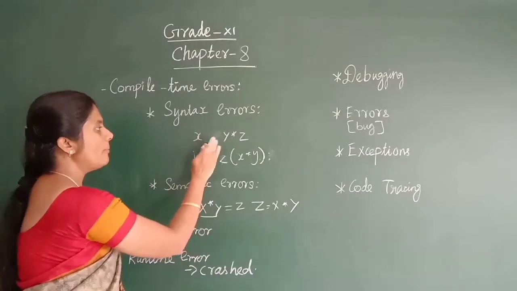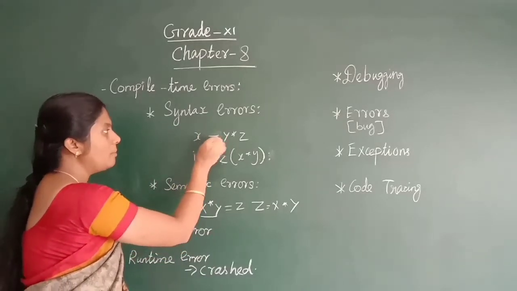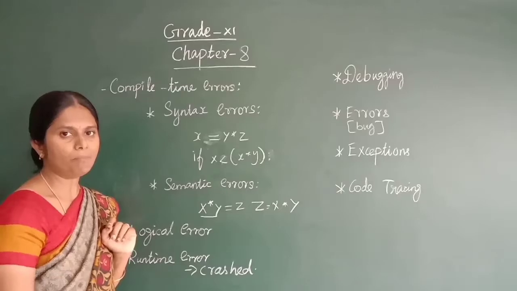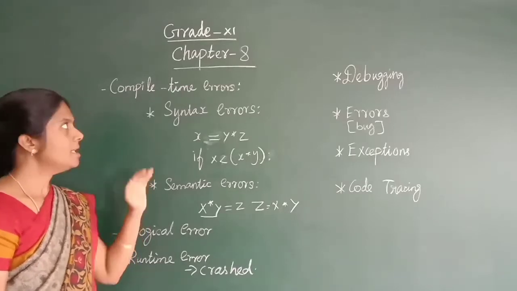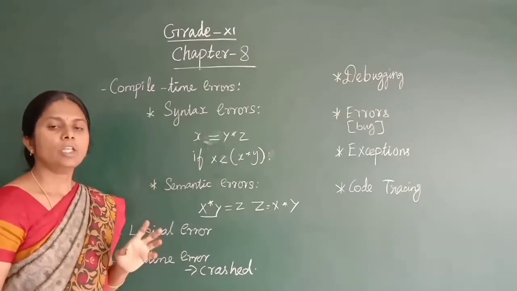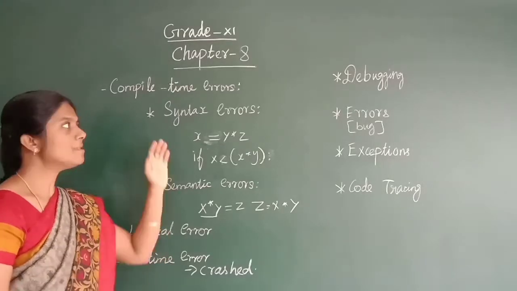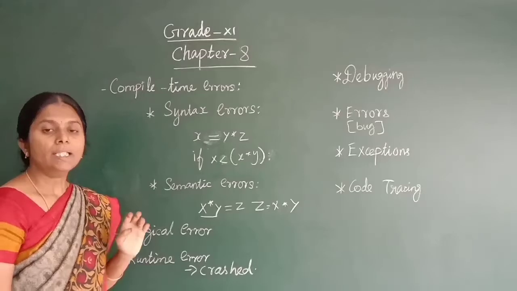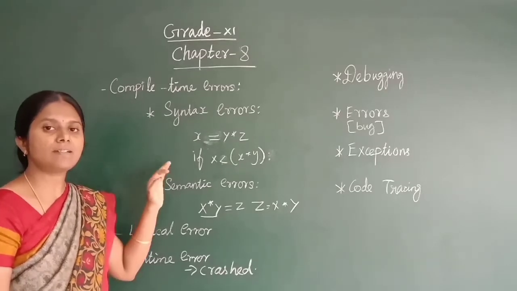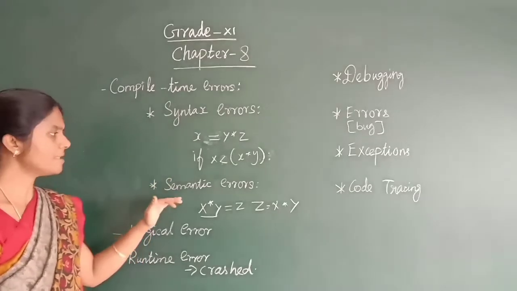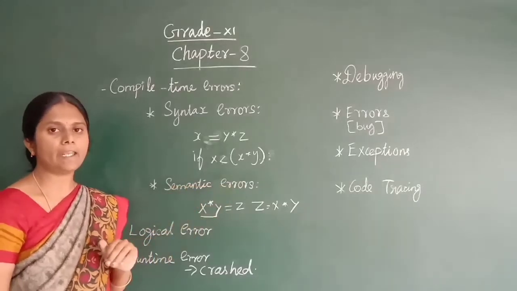Here also, which operator has to come to assign the variable? Equal, the assignment operator. Can you understand? So, what is meant by syntax error? If you make any mistake in using syntax in your code, it displays the message as a syntax error.